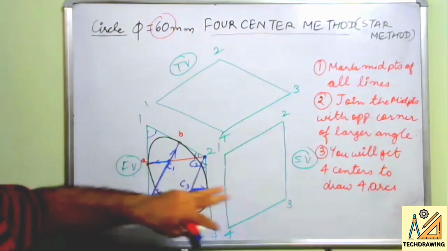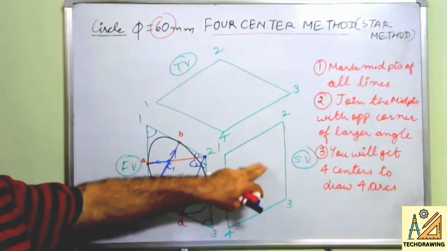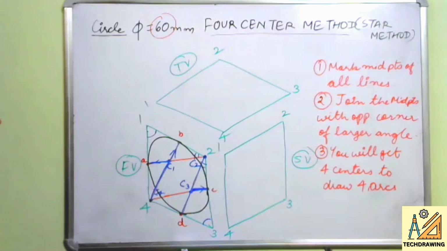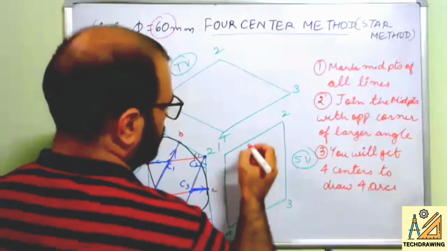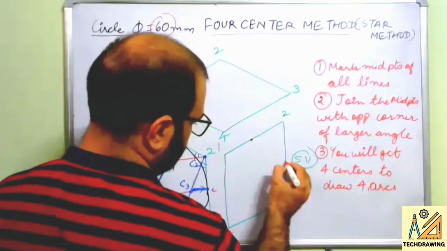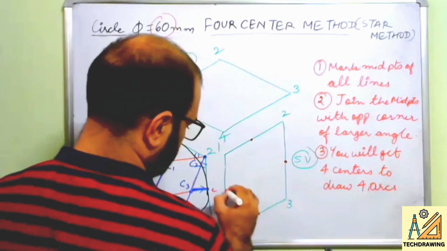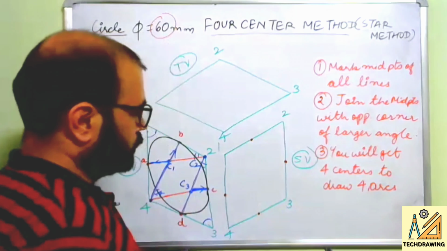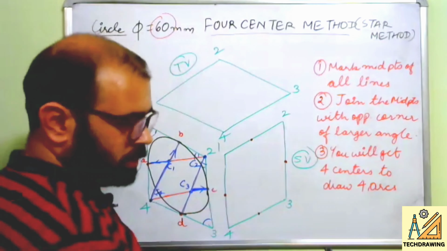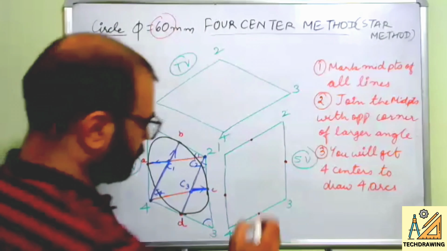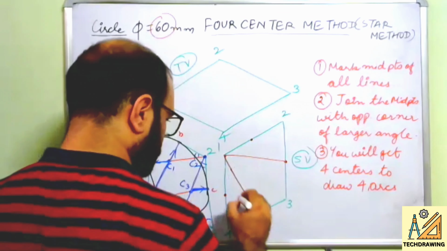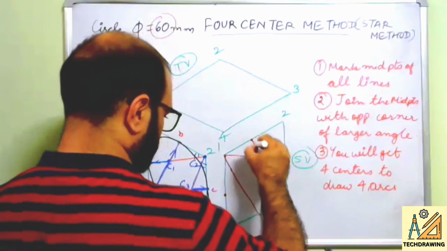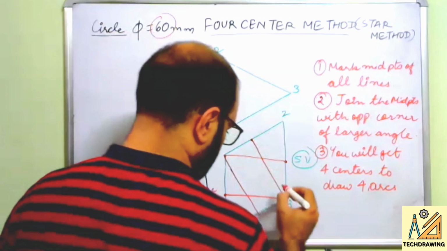Now the same steps we will do for these two also. Now I'll not write C1 and C2, I'll just directly draw this. First is mark midpoints. Join these midpoints with the opposite corner of larger angle, like this.